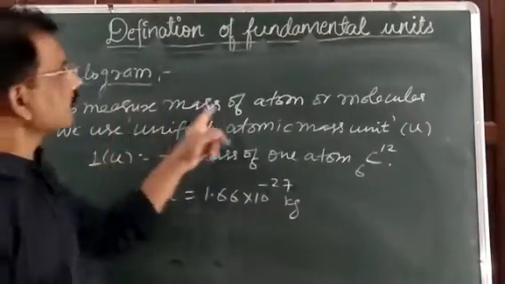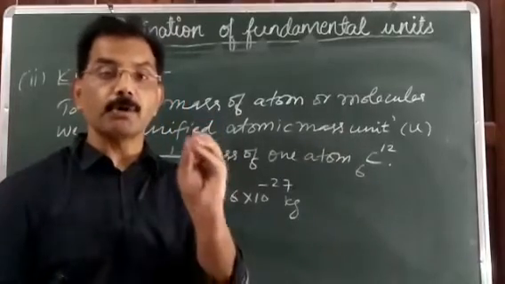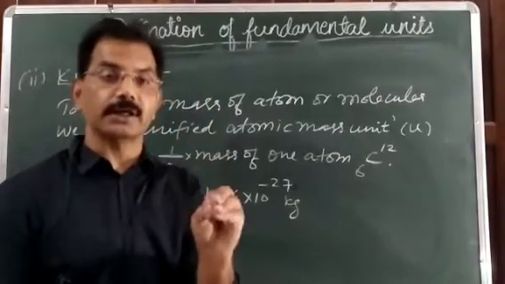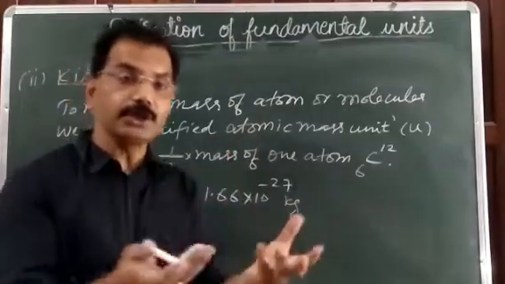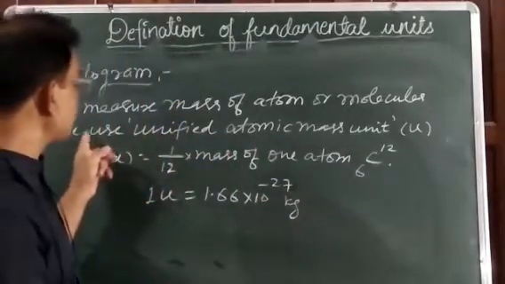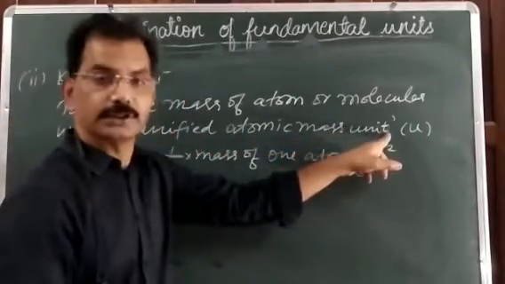Similarly, to measure the mass of atoms or molecules, क्योंकि एटम और मॉलिक्यूल्स के बहुत छोटे मास हैं, तो इन छोटे मास को मेजर करने के लिए एक नई यूनिट यूज करते हैं, and that unit is called unified atomic mass unit.